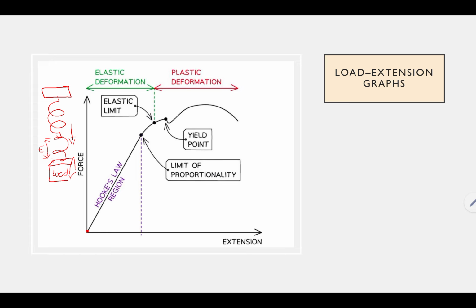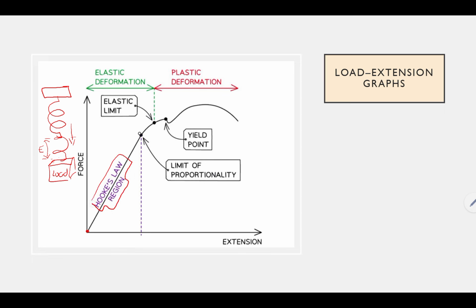Okay? So the more I apply force, of course, what's going to happen? The spring is going to extend further down. So this is what we call Hooke's law, that the more I apply a force, the more my spring is going to extend. But of course, everything has a limit. As long as there is a linear relationship between force and extension, this is known as Hooke's law.